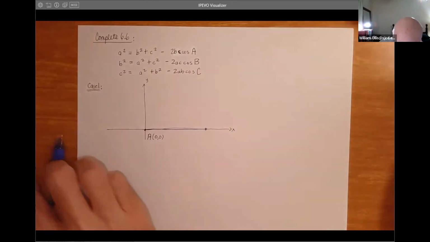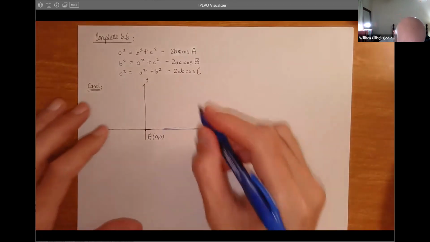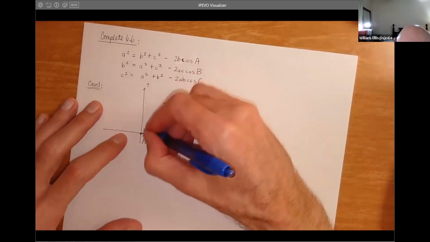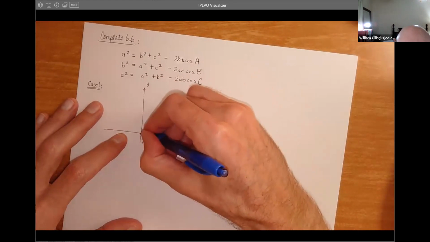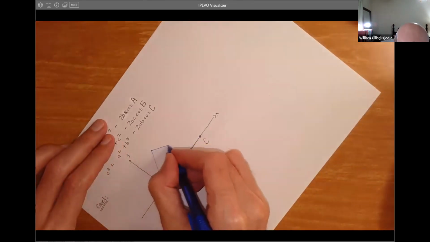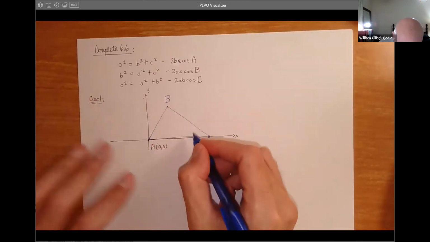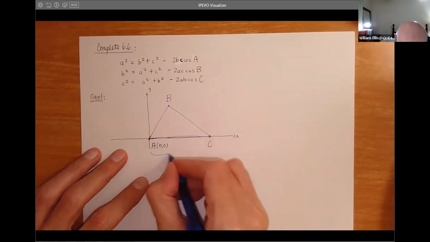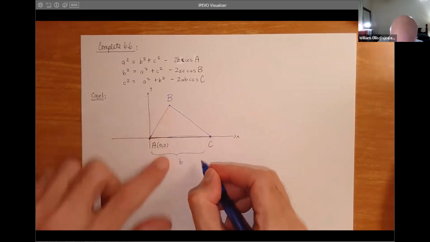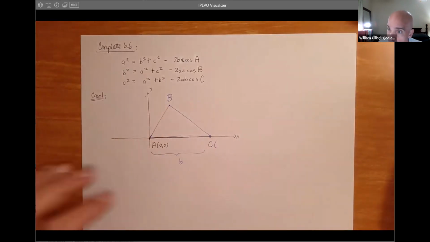So here we'll have C, and then we can go ahead and draw the other vertex. We'll just call it B, of course, and extend from the other vertices to draw an acute triangle. So here's B. And then, of course, the length here would necessarily be b, the side opposite. And so that's going to give us a coordinate for C, b comma 0.